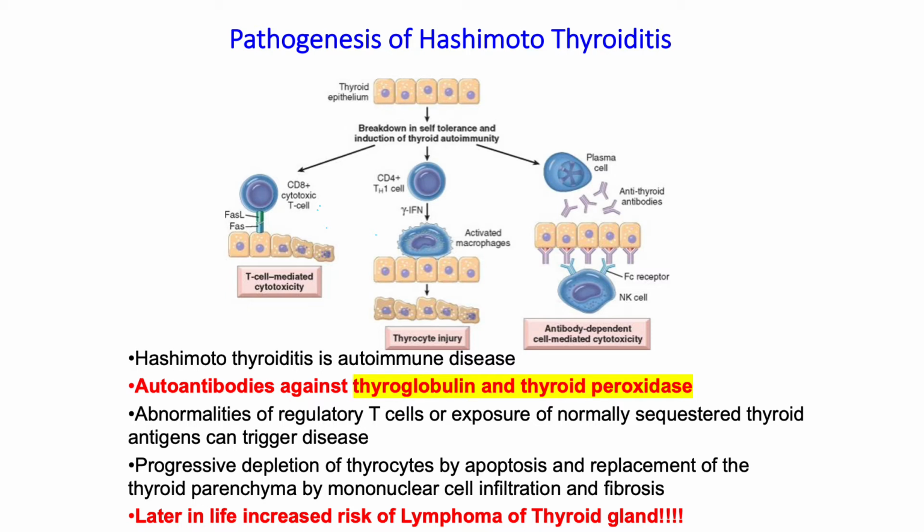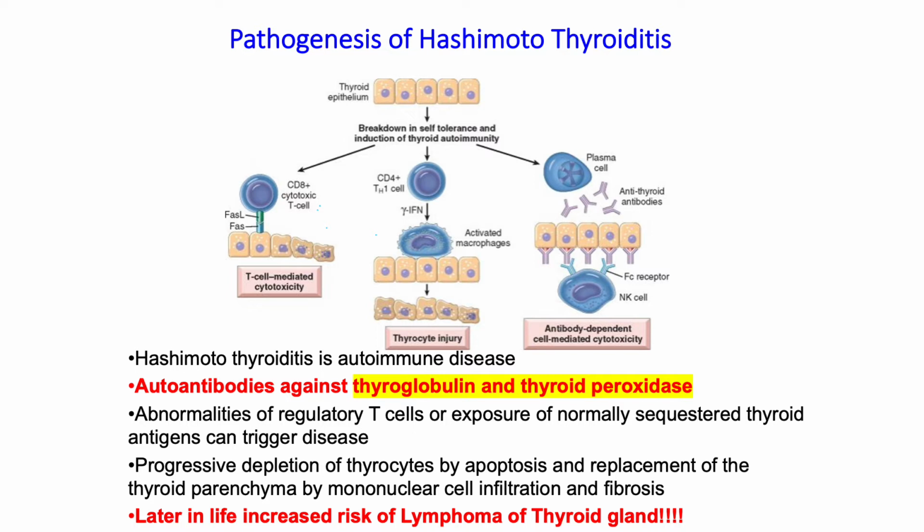Here you can see in the picture there are CD8 cytotoxic T cells that are directly involved in causing the cytotoxicity, and CD4 cells also get activated, and the CD4 cells help in antibody dependent cell mediated cytotoxicity. It causes the plasma cells to produce various antibodies against thyroglobulin and thyroid peroxidase.